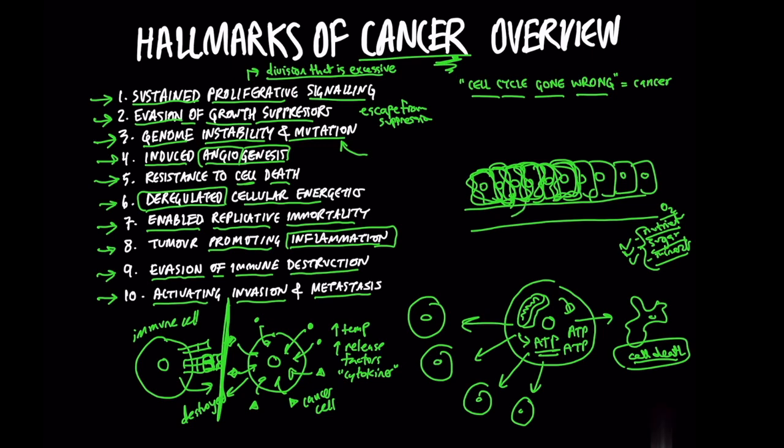These can enter the blood vessel and travel to a different part of the body. For example, it can reach the kidneys. So if this is your kidney and this is, for example, your intestine, right? The cells migrate to the kidney and grow a mass here. So this is called metastasis. And invasion is basically the entry of these tumor cells into the blood vessel.